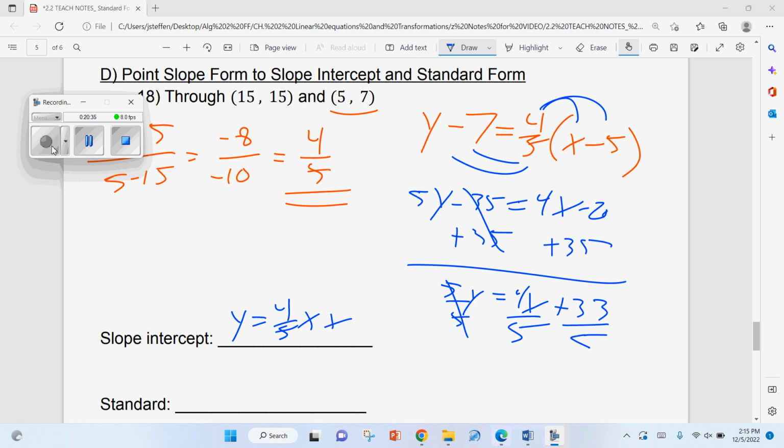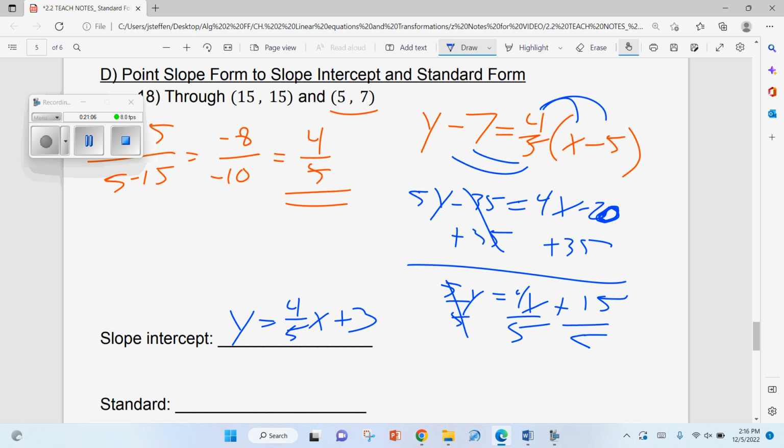All right, I found the mistake, and the mistake is you should always make sure you're writing clear enough you can read your handwriting. This is 20. So negative 20 plus 35 is, not 33, is 15. So when you divide everything by 5, y is equal to 4 over 5x plus 3. So that was slope-intercept form.